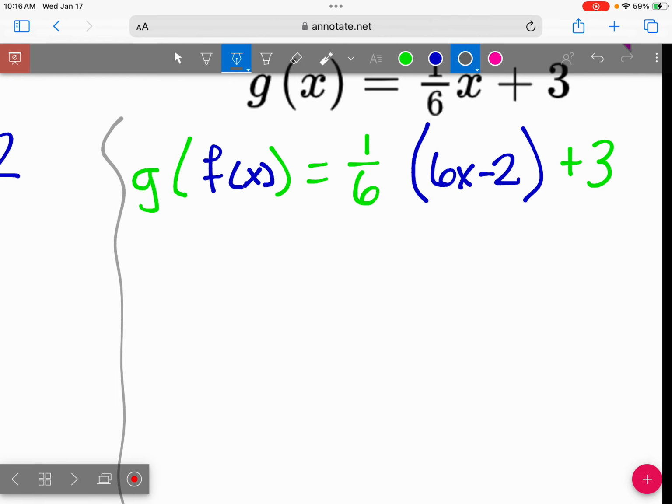And again, we're going to simplify this as much as we can. 1/6 times 6x, which is 1x. 1/6 times minus 2. I'm going to put minus 2/6 for right now. Plus 3.